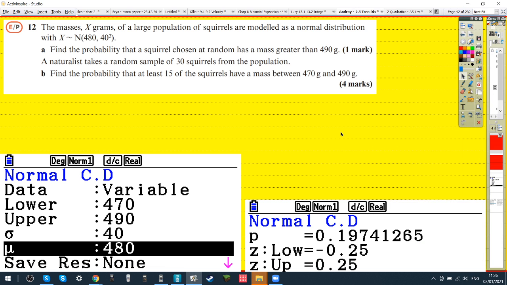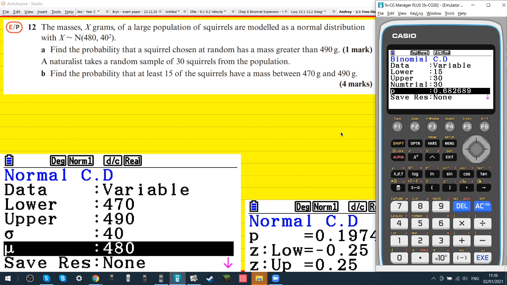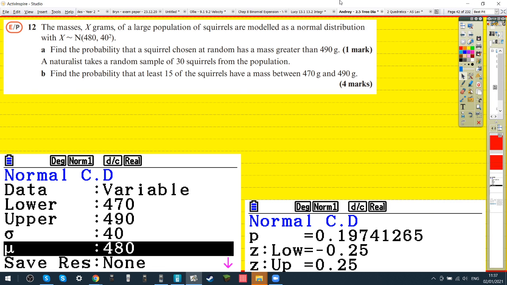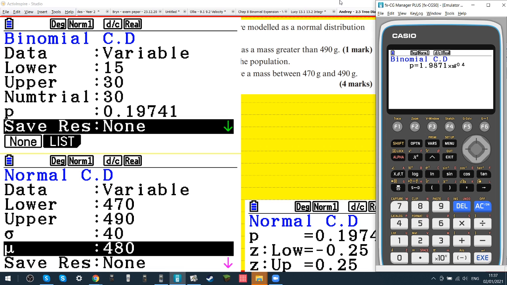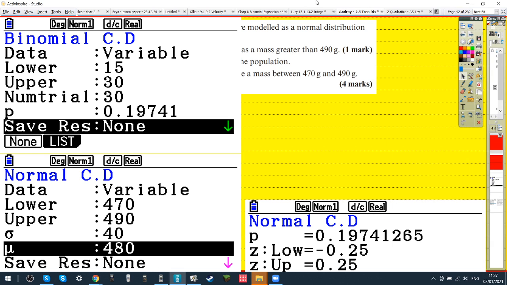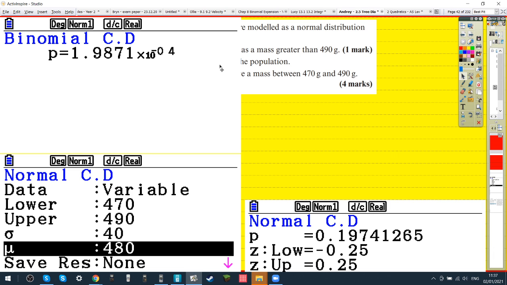Yeah. Put in 1 at the end. And I got 1.9871 times 10 to the minus 4. Yeah. Okay.